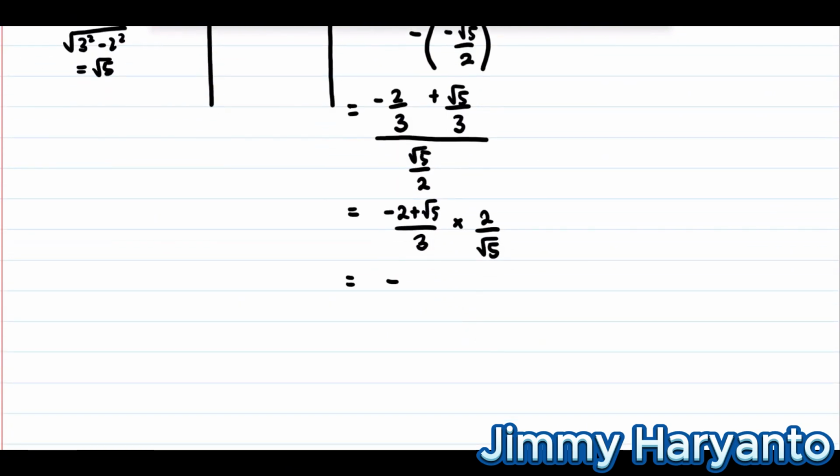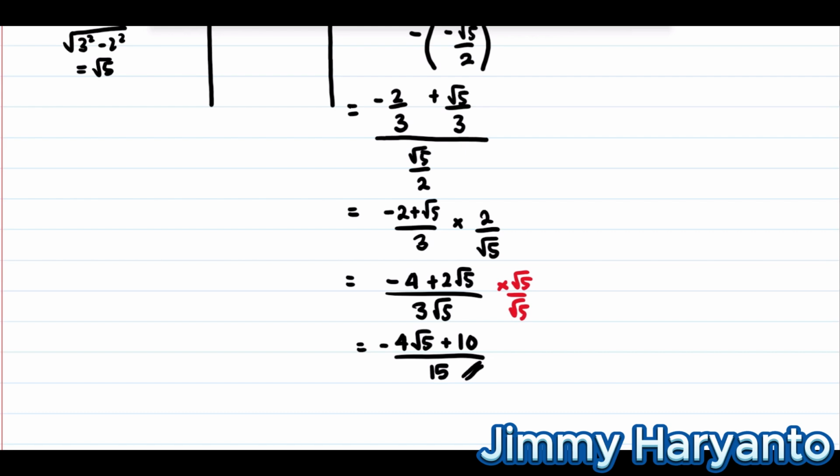We have -4 plus 2 square root of 5 over 3 square root of 5, and then we have to rationalize it. Square root of 5 over square root of 5, that means I will have -4 square root of 5 plus 10 over 15. There you go. This is the final result.